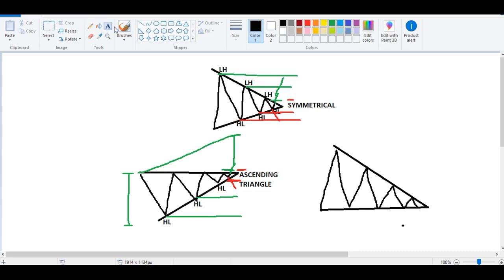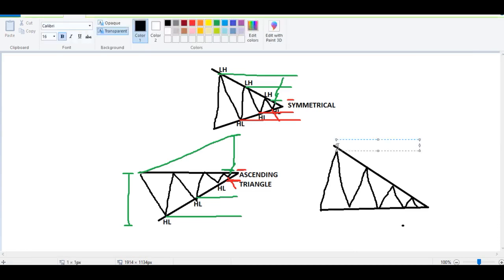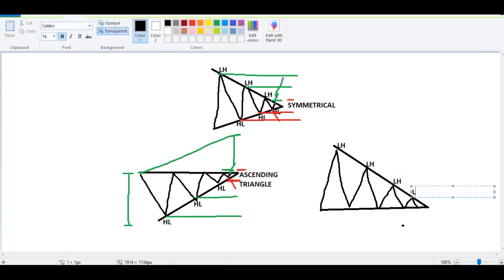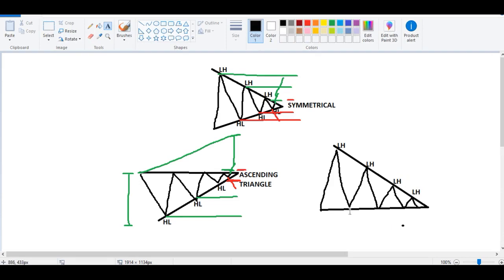Okay, in a descending triangle, we have lower highs, and similar lows, right? Almost identical lows.